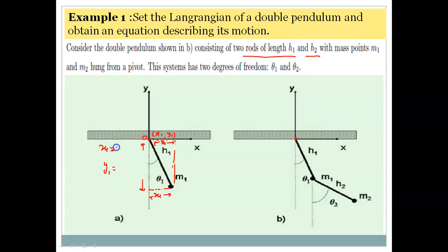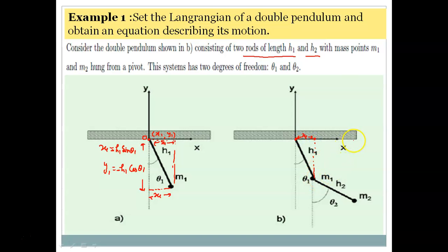So we can say that x1 is h1 sine theta1. Now we find y1. y1 is base over hypotenuse, that gives you h1 cos theta1, but it will be negative because it is downward. So for this first pendulum, we have the values like this.